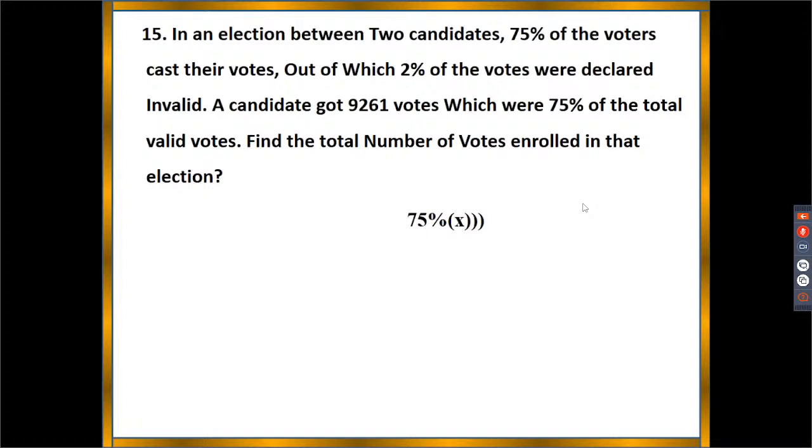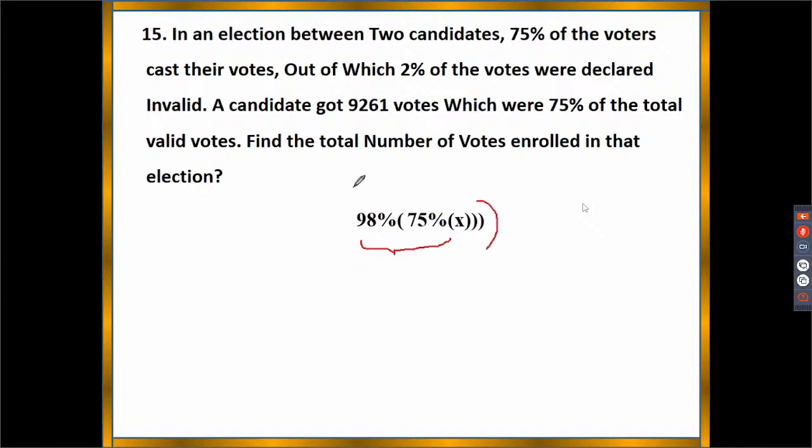Percentage is always calculated for every 100, so if 2% is invalid, the remaining 98% is valid. So the complete valid votes are 98% of 75% of X.